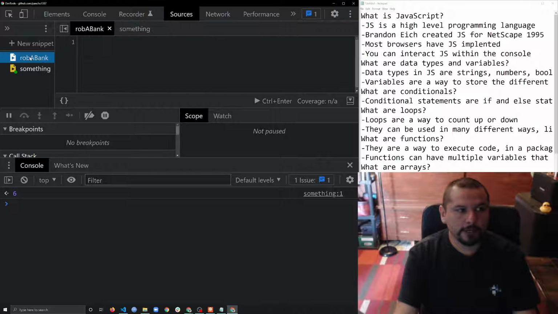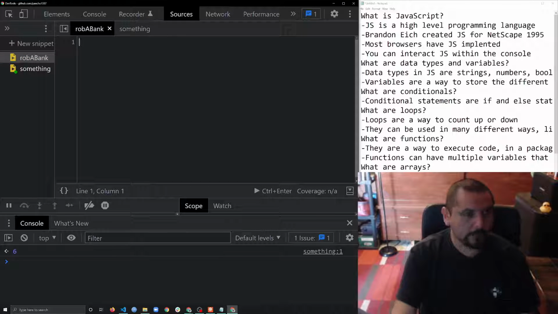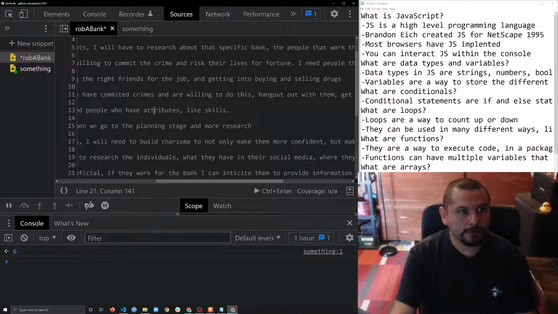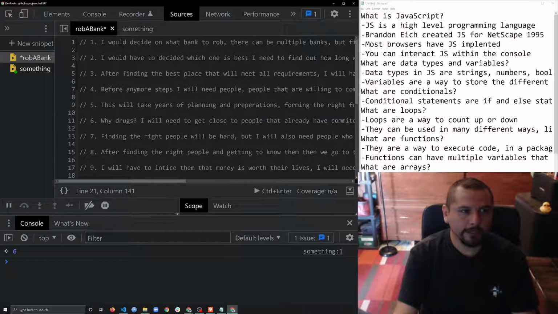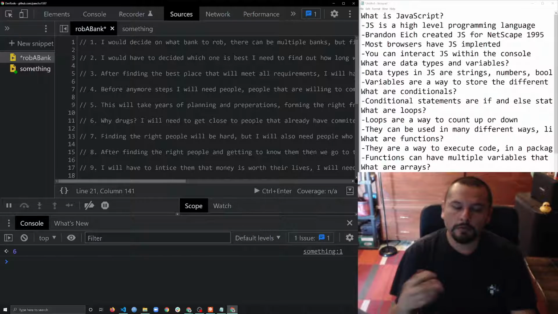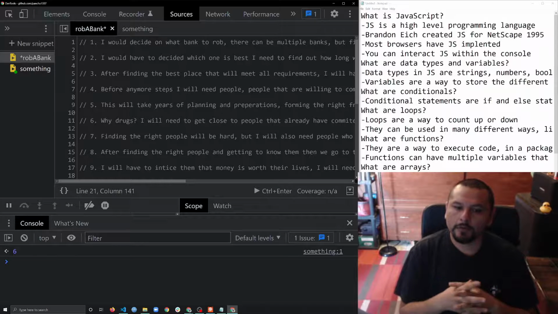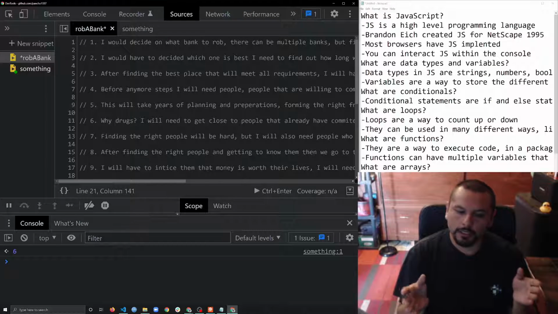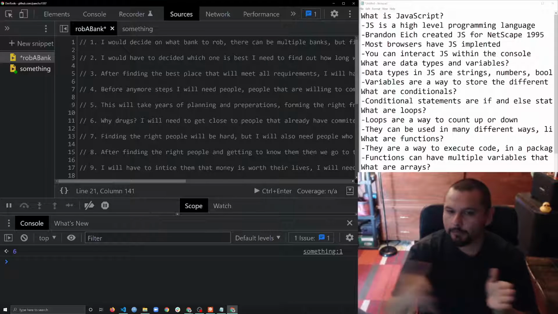So let's go back to our rob a bank. I haven't made mine, but one of the people I'm helping learn JavaScript created a set of rules for how to rob a bank. Let's go over it and get ideas of how we're writing logic, and how, if we gave these rules to somebody, they would be able to rob a bank also.